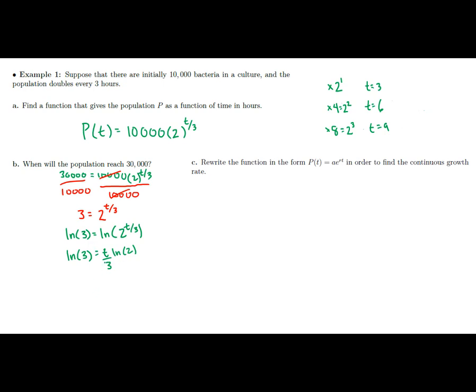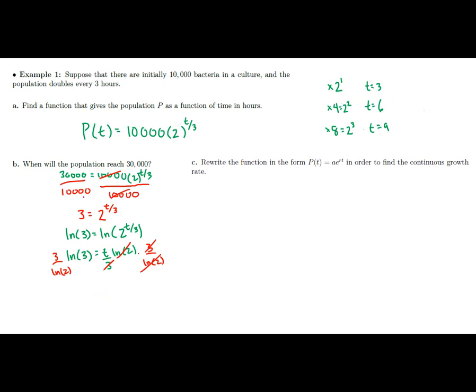And then, natural log of 2 and 3, those are just numbers. So if I multiply by the reciprocal of the natural log of 2 over 3, so I multiply by 3 over the natural log of 2, then everything cancels out here on the right side.